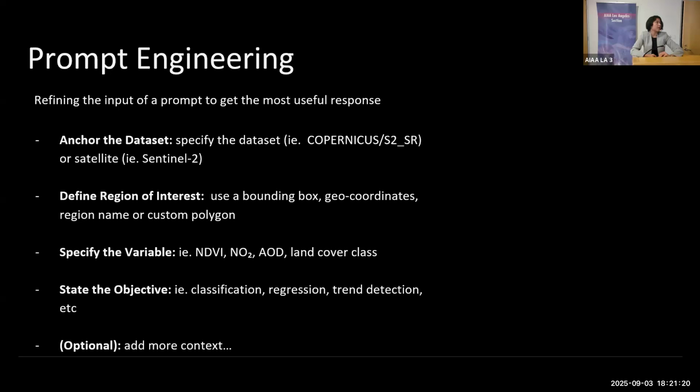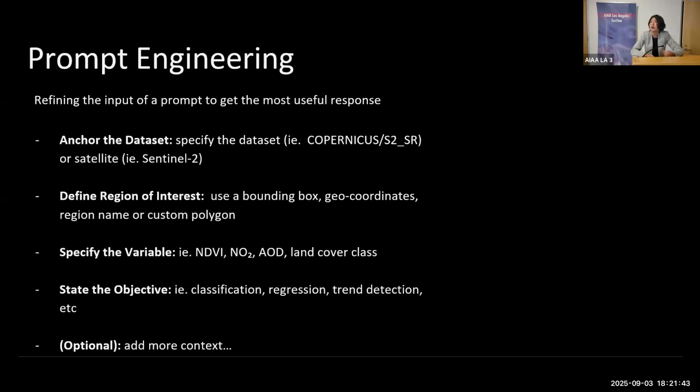Specifying the variable, so this could include NDVI for vegetation, nitrogen dioxide for pollution, AOD, or land cover mass. And then stating the objective. So finally stating what kind of process you want to run. Do you want it to classify something? Do you want it to classify rivers?